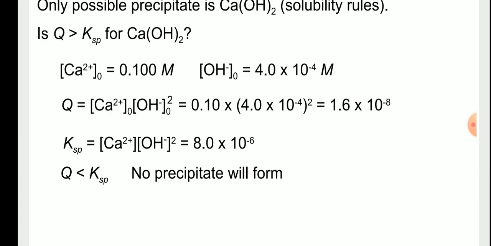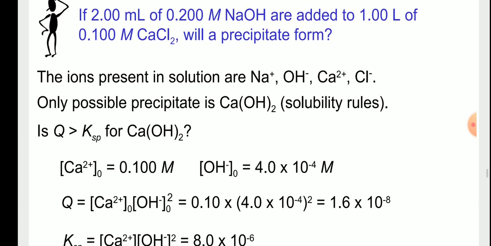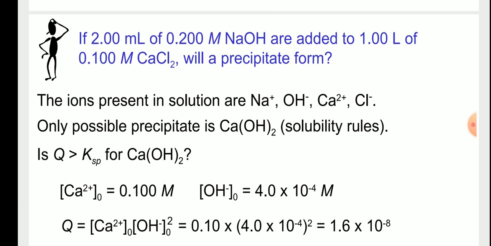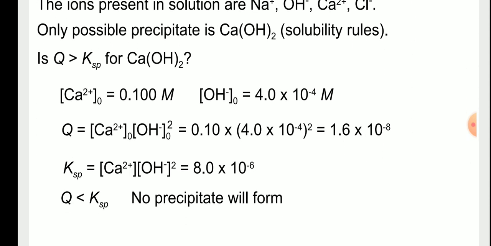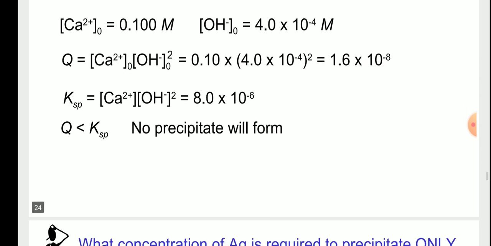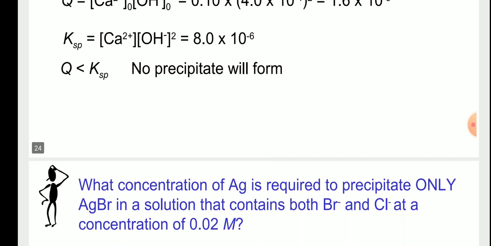So the ionic product is less than the Ksp value. So if you add 2 ml of 0.2 molar NaOH to 1 liter of 0.1 molar calcium chloride solution, it will not precipitate. Clear? Because the Ksp value is greater than the ionic product.